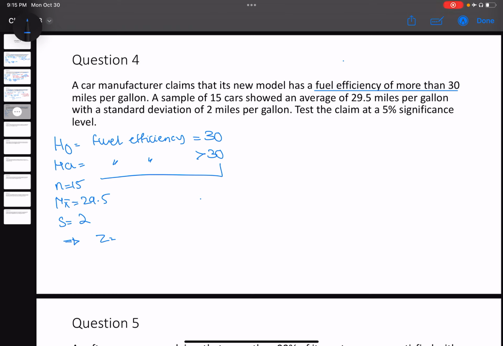So here we simply calculate the Z as 29.5 minus 30 divided by 2 divided by square root of 15. This equals minus 0.968. We can get the Z value.